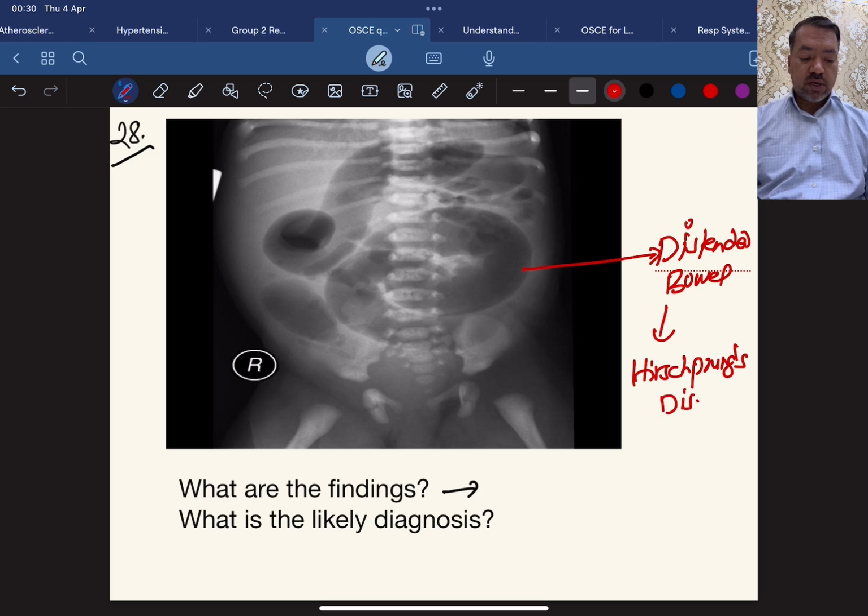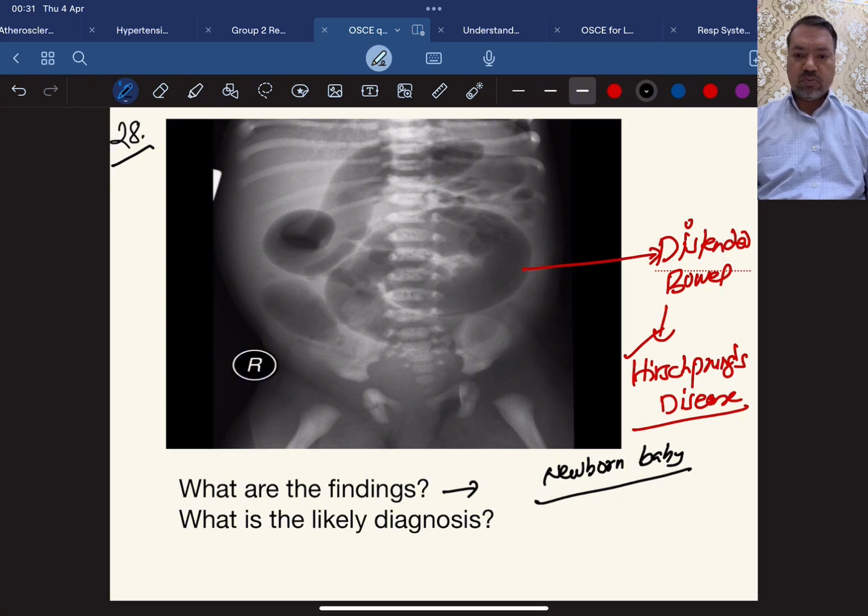Hirschsprung's disease. You will get a classical clinical clue for Hirschsprung's disease, and that is they will provide that this is a newborn baby who has not passed meconium in time, or there is a delayed passage of meconium, or not passed at all when the baby was brought to us.